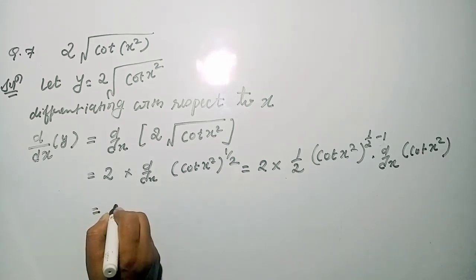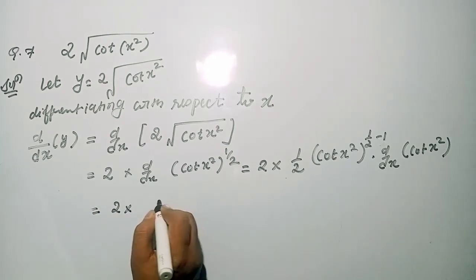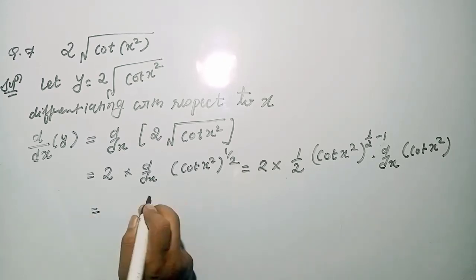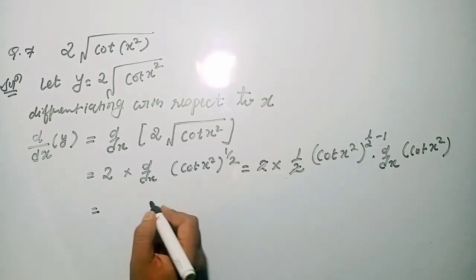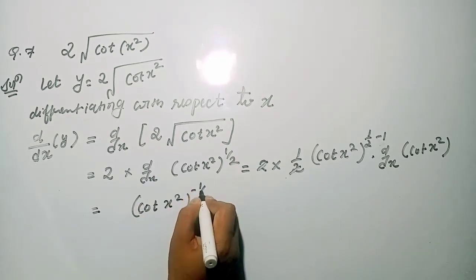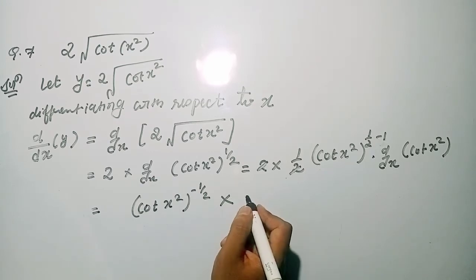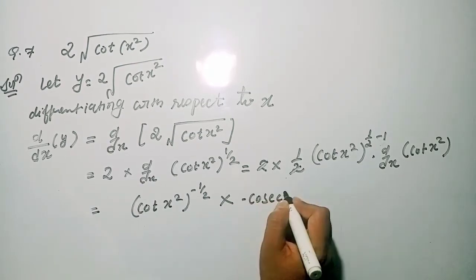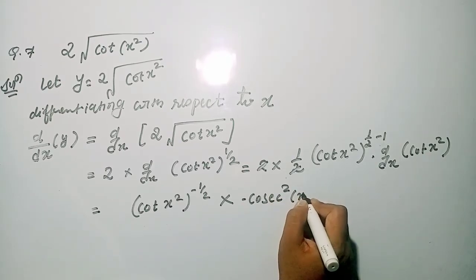Here 2 will be cancelled out, so cancelling 2 and 2, we get cot x square whole to the power 1 by 2 minus 1, meaning minus 1 by 2, and the derivative of cot x square gives minus cosec square x square.